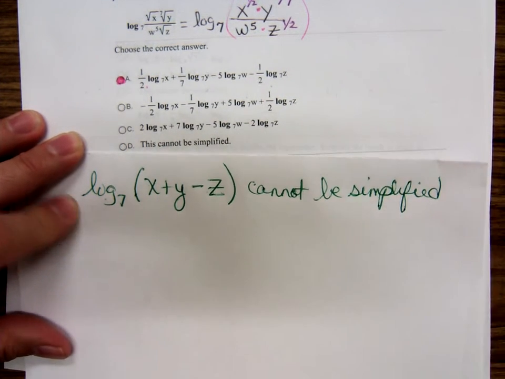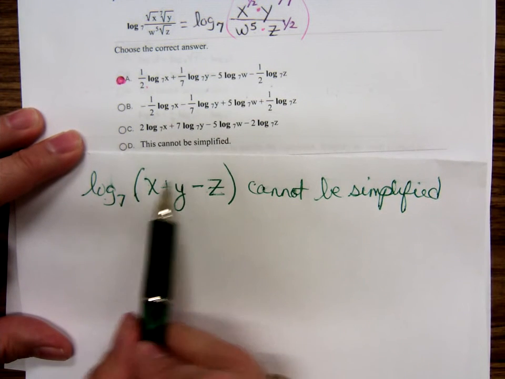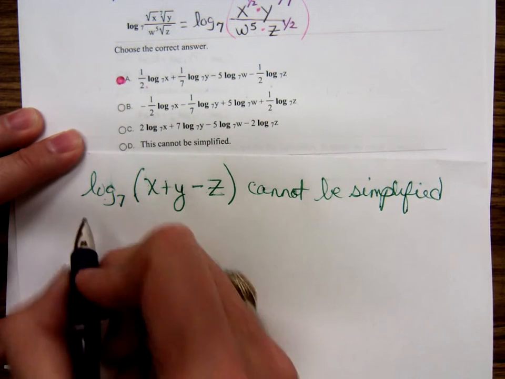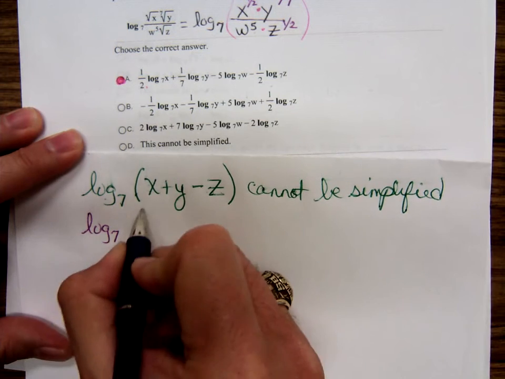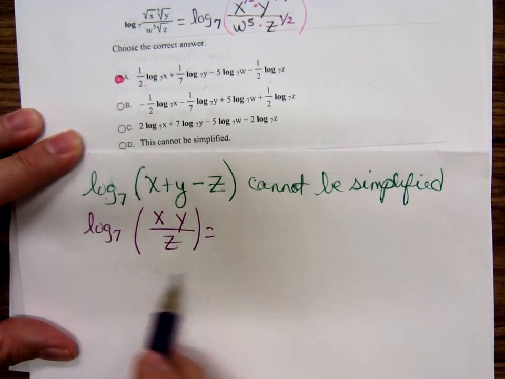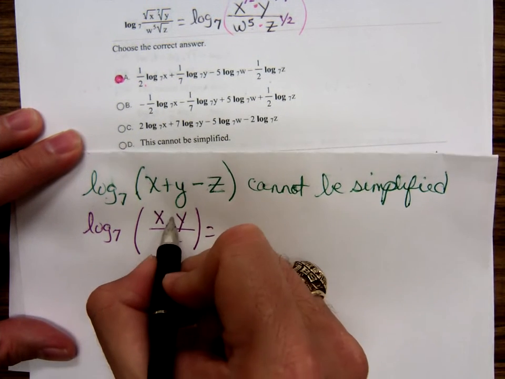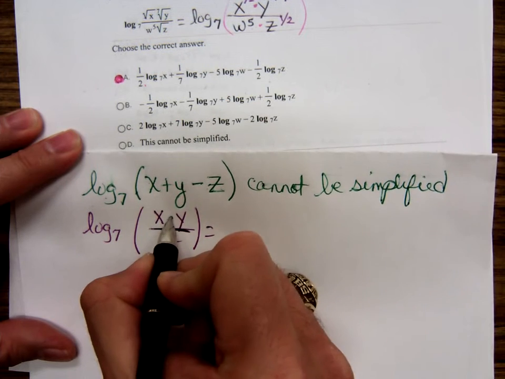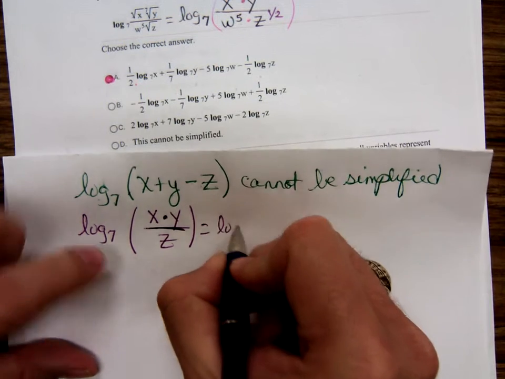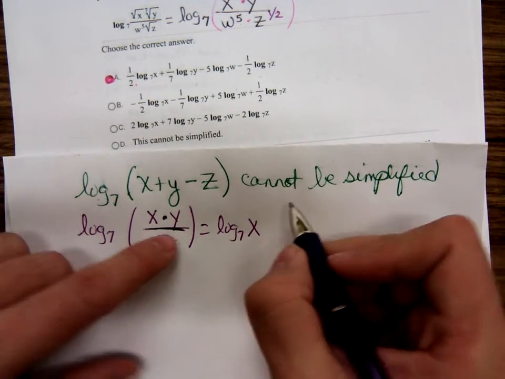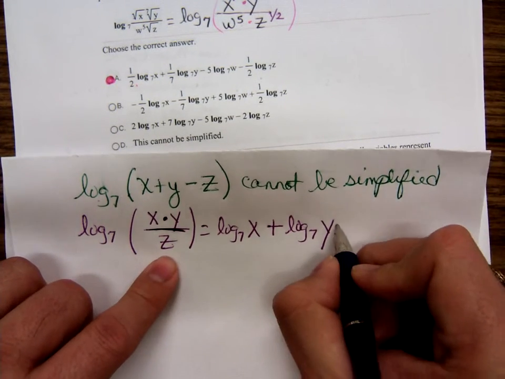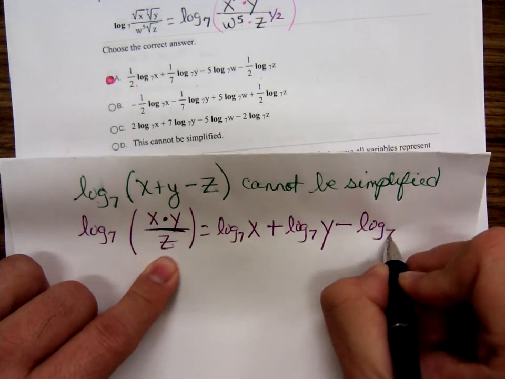Okay? Log base 7, you can't separate logarithms over addition or subtraction. Which one could you separate? Well, you separate at multiplication and division. This one could be separated. Right here's multiplication, right there's division. What would the expanded form look like? Well, there's no exponent, so you just say log base 7 of x plus log base 7 of y, and then a minus log base 7 of z.